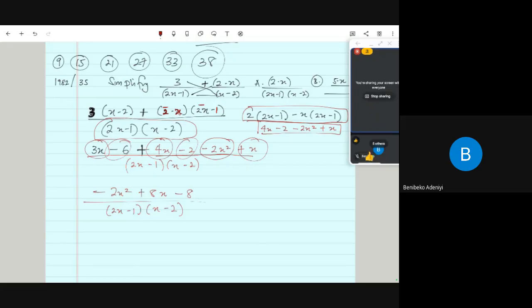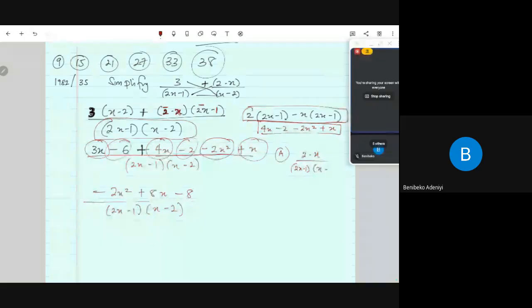Now, I need to write out all the options so you can see exactly what is going on. So option A, 2 minus x over 2x minus 1, x minus 2.